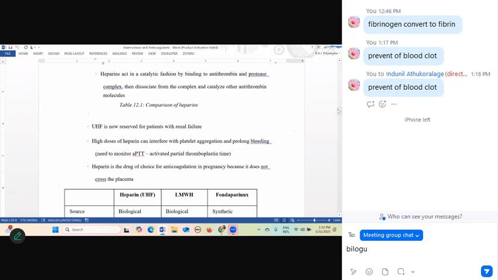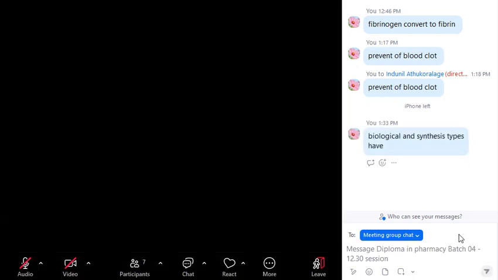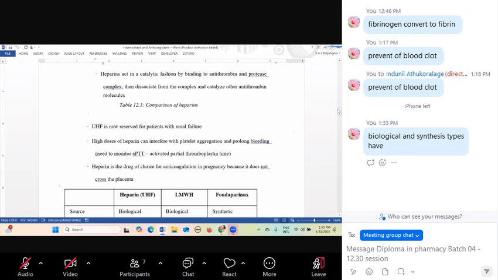Anything. You can also type. Heparin prevents blood clotting. Okay. Anything else? Others can also join.